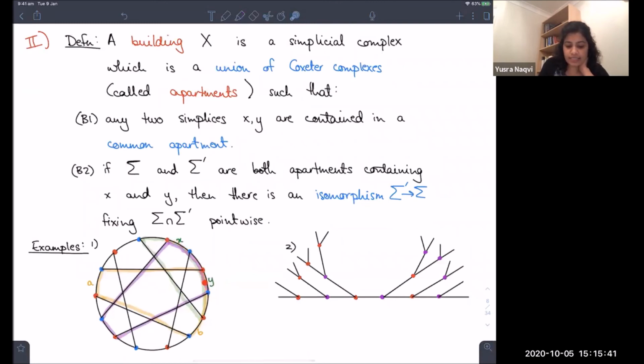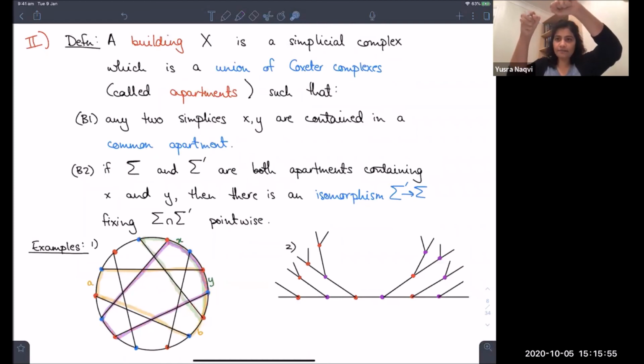So I could fix this over here, and then my isomorphism would consist of taking this edge to this edge to this edge, and finally this one to this over here. Essentially what I've done is I've put my hands at X and Y and then smoothed out over the hexagon and thought about where these edges collapse.